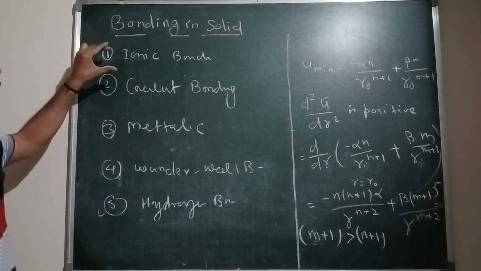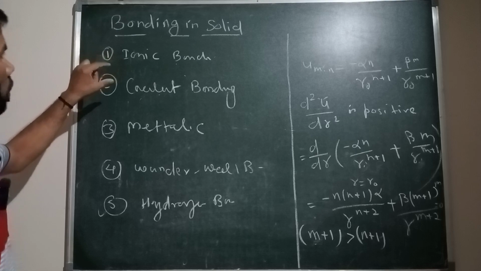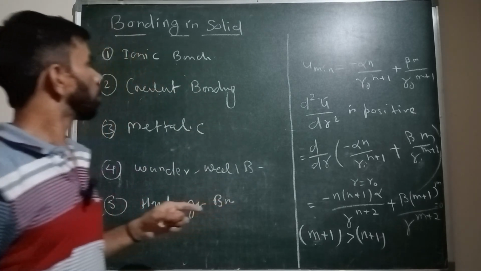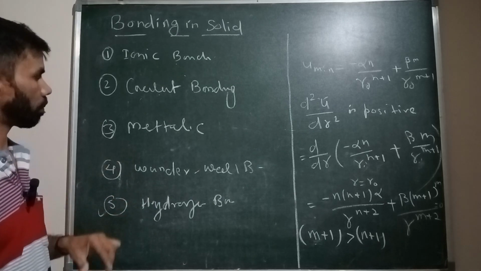All these types of bonding are differentiated due to their valence electrons in the material or atom.